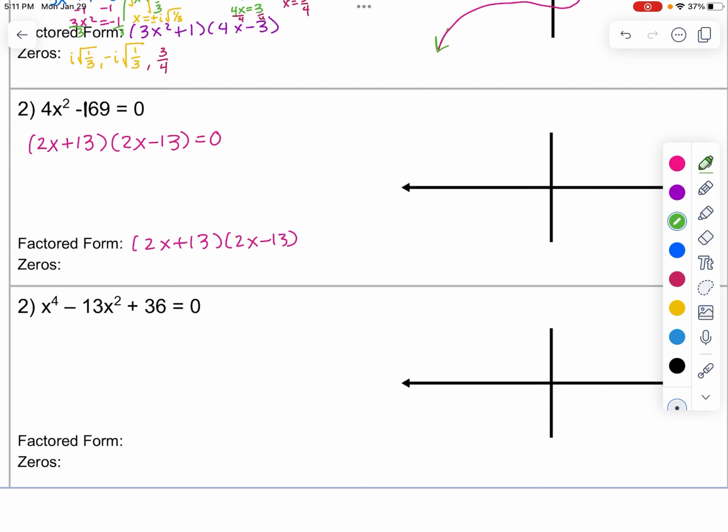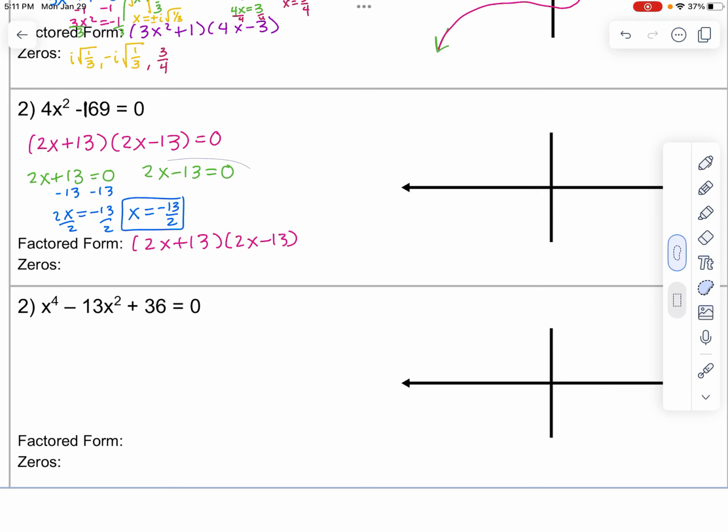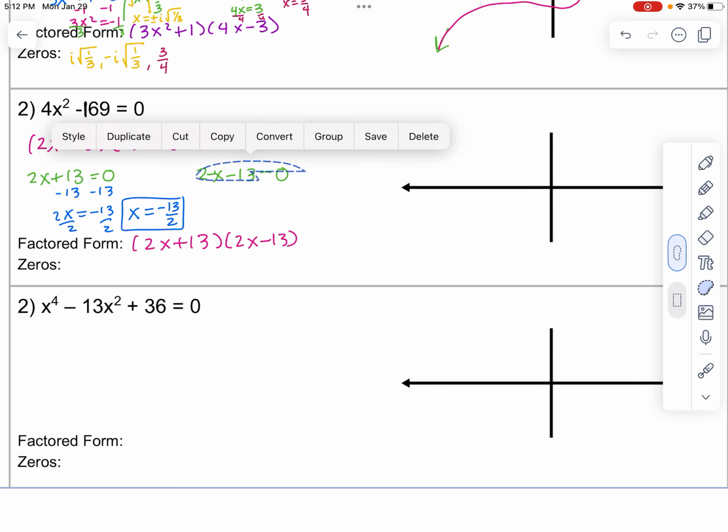But our zeros come from our factors. So we'll do 2x plus 13 equals 0 and 2x minus 13 equals 0 and solve both for x. So for the first one, I get x equals negative 13 over 2. And for this other one here, man, I keep writing over what I want to write.